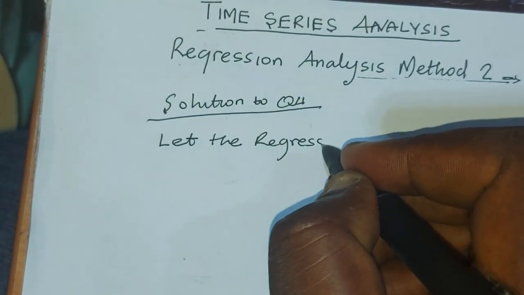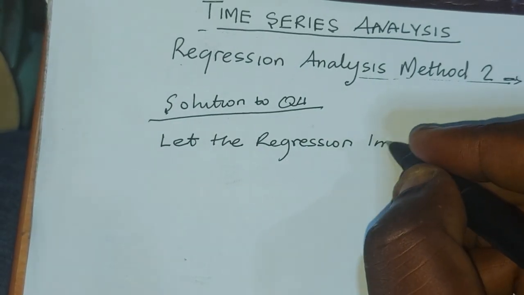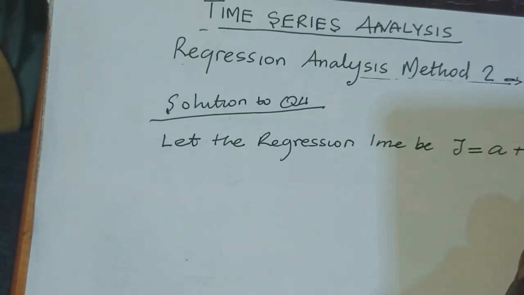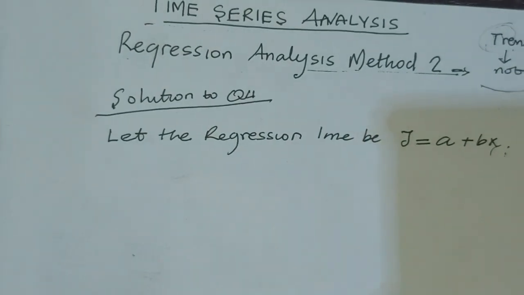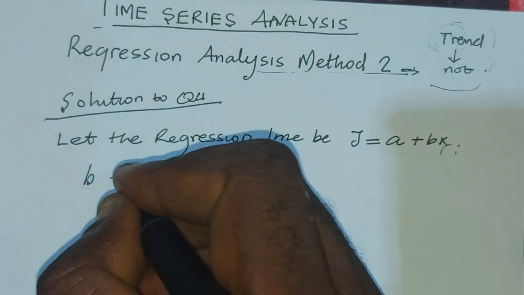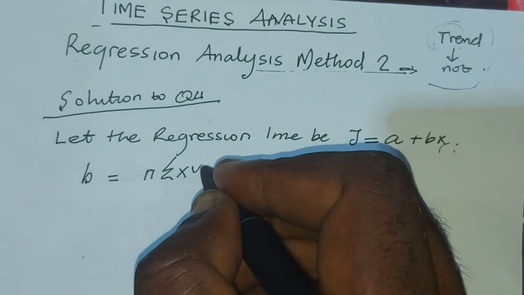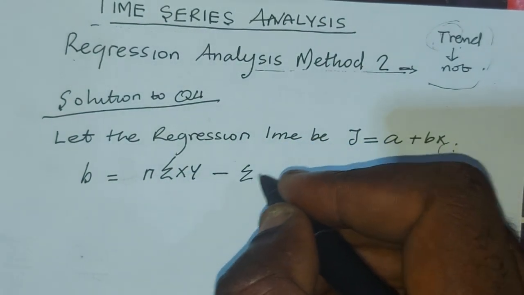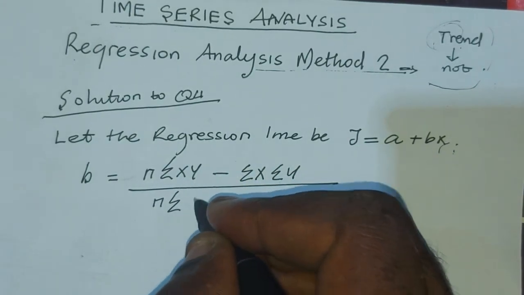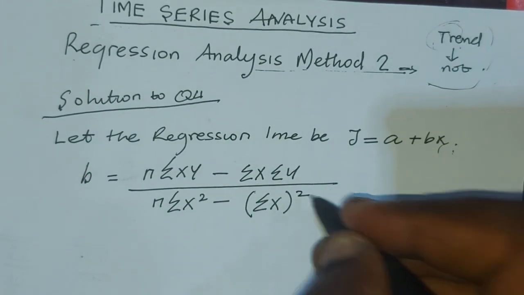Okay, so you can start by saying let the regression line be y equals a plus bx, where our b is given by the formula: n summation xy minus summation x summation y, all over n summation x squared minus, open a bracket, summation x raised to power 2.